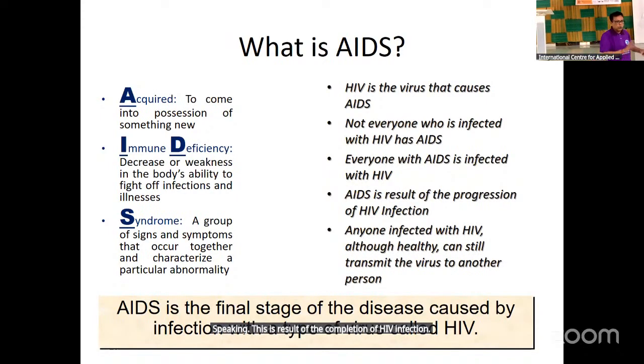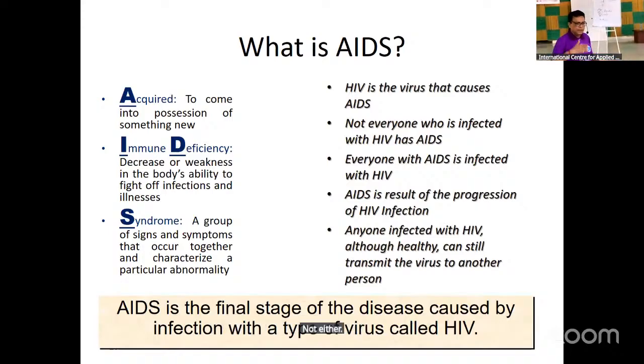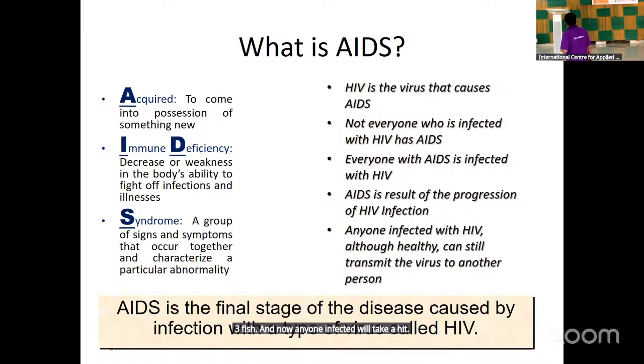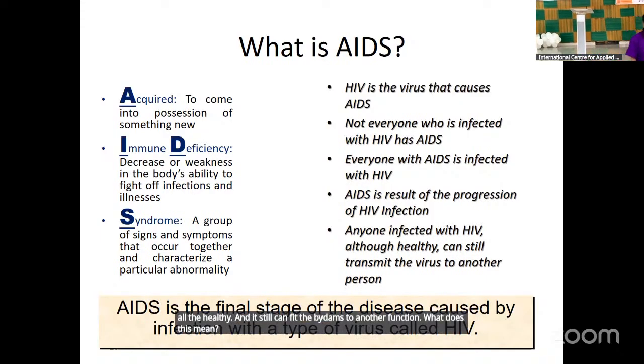But I have told you, beyond that threshold value of the HIV count, the people will be treated as AIDS patients. And thus, anyone infected with HIV, although healthy, can still transmit the virus to another person.